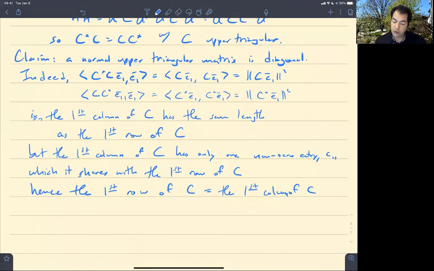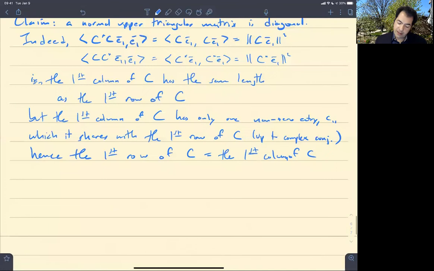Oh no, actually in this case I don't know that. Okay, so it shares it with the first row of C star up to a complex conjugate, right? Which doesn't affect the length.